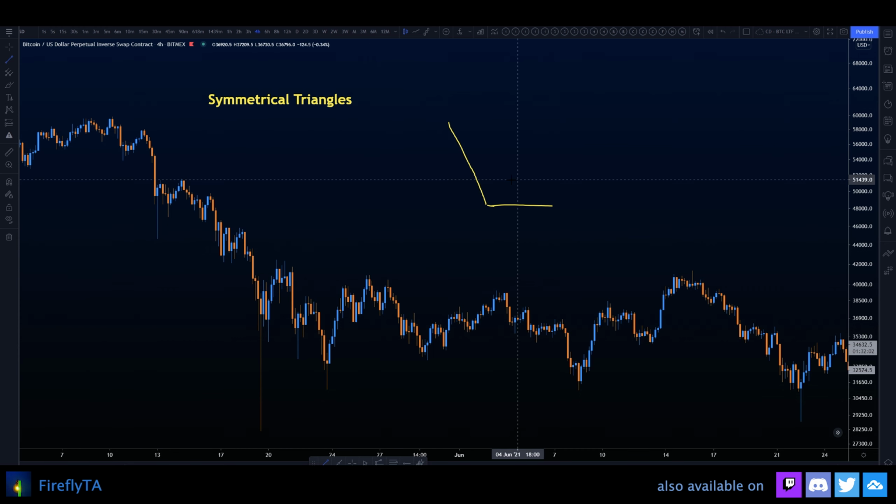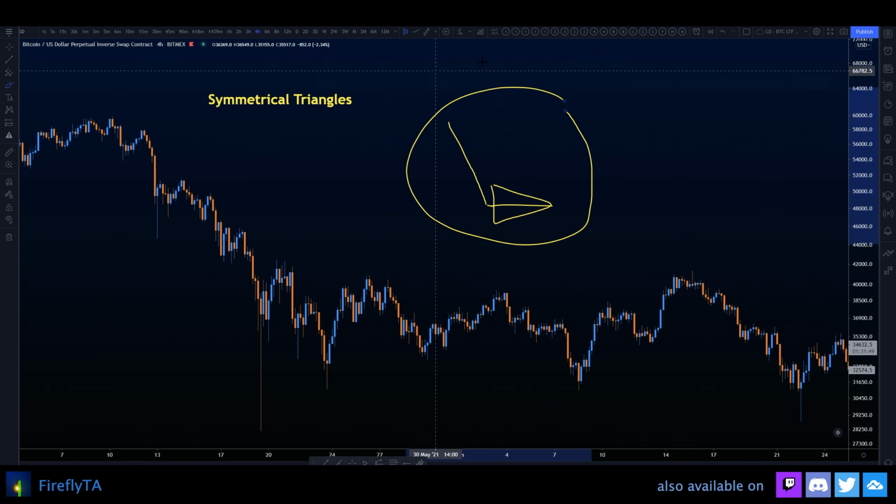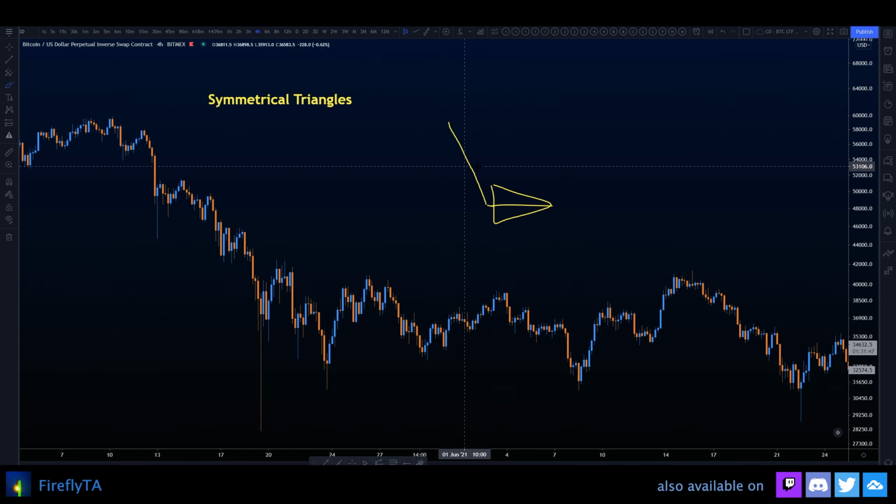If I draw a symmetrical triangle here, it tells us this local area is in balance, but this broader, this wider area is not in balance. It is in favor of bears because bulls are not strong enough to reinstate the balance in this area.